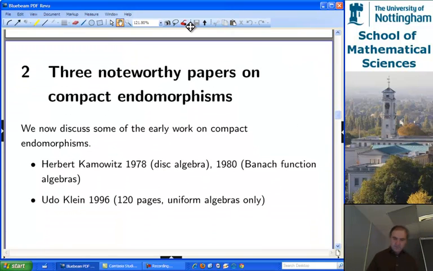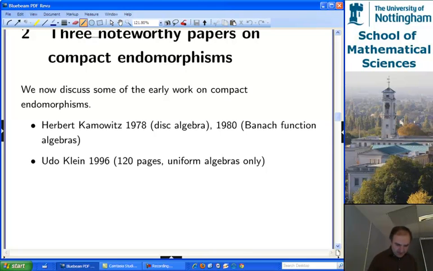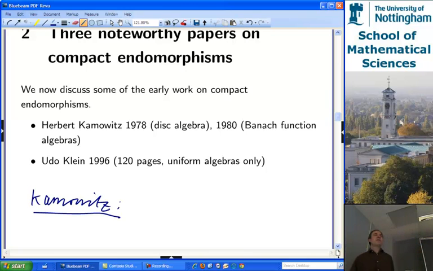So let me say something about some papers on compact endomorphisms, because I want to say stuff that happened a long time before I came into the picture. So we go back to 1978 and then 1980 when Herb Kamowitz did some of the seminal work on compact endomorphisms. So what did Herb do? Well, for a start, he said what are the compact endomorphisms of the disk algebra.